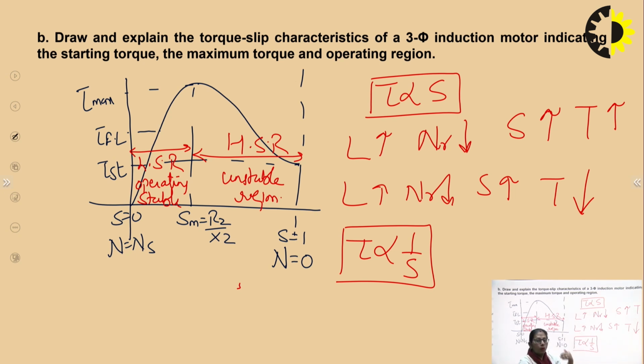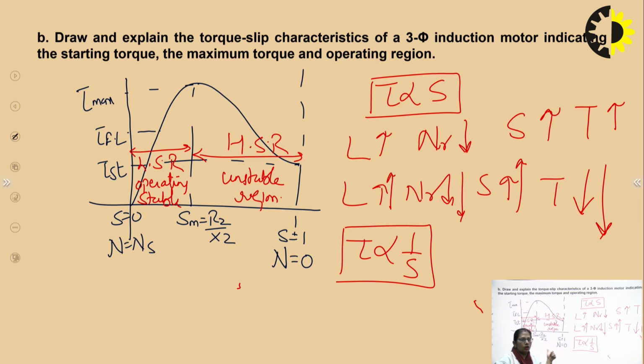That means the motor, which is supposed to make more torque compared to the increased load demand, is not producing that much torque. It is in fact decreasing. So, the motor will feel even more loaded, right? So the speed decreases, the slip increases, and once again, as it is inversely proportional, the torque will further decrease, right? So that's why this region is being called the unstable region.